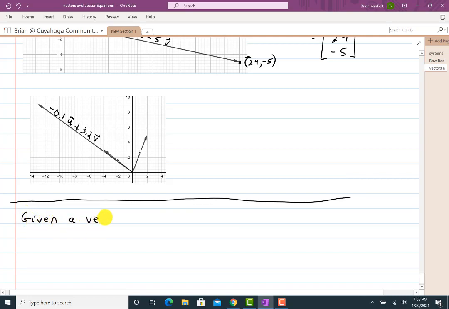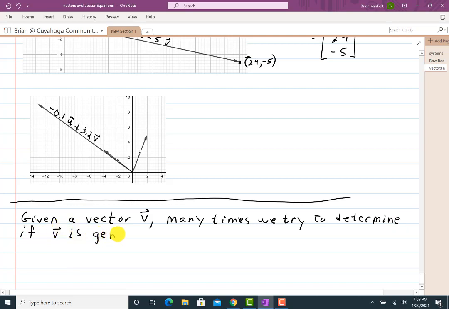Given a vector v, many times we try to determine if v is generated by the vectors u1 up to um.